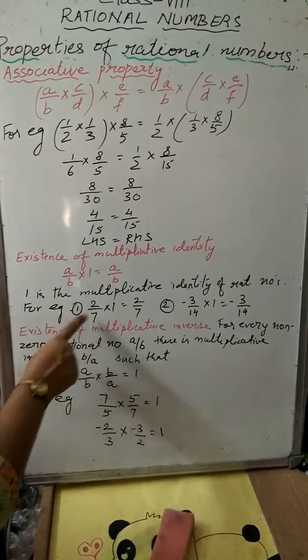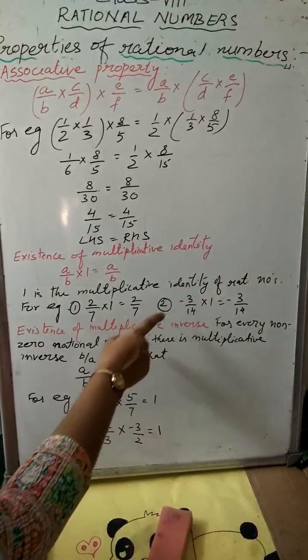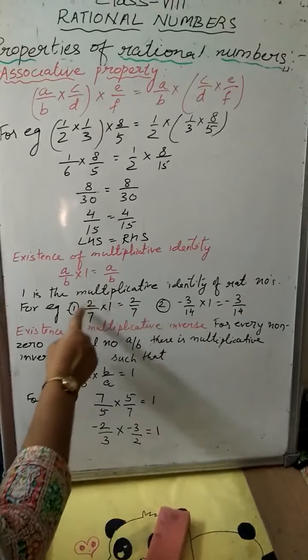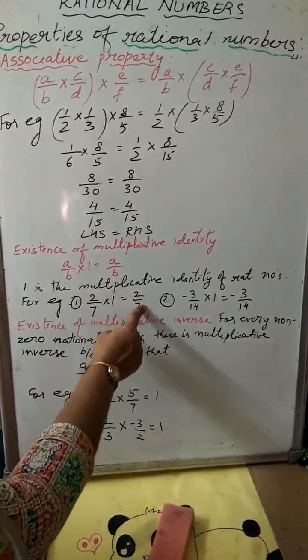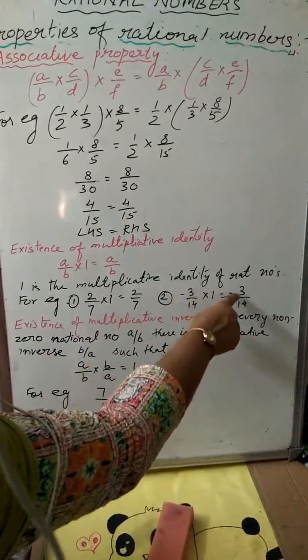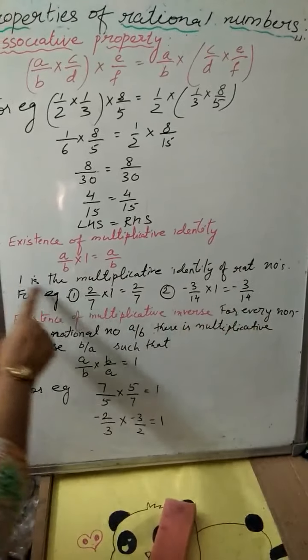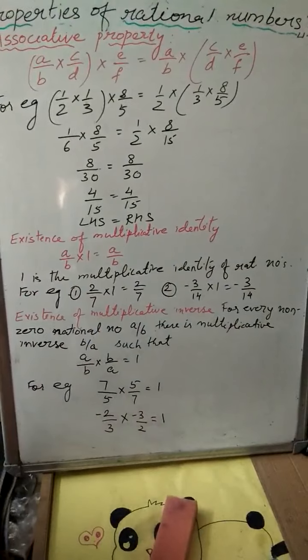For example, I have taken 2 by 7 and minus 3 by 14 as rational numbers, and I have multiplied by 1. The result is 2 by 7 and minus 3 by 14, the number itself. So therefore 1 is known as the multiplicative identity.